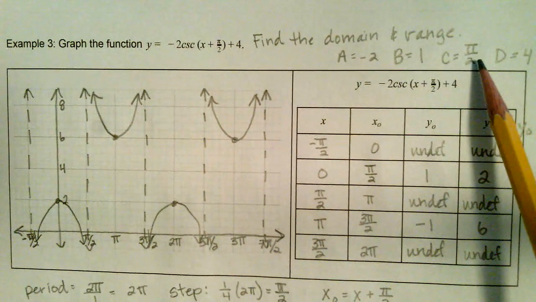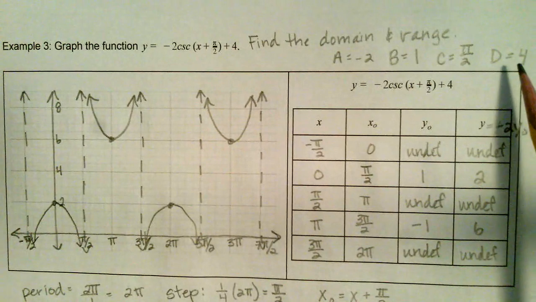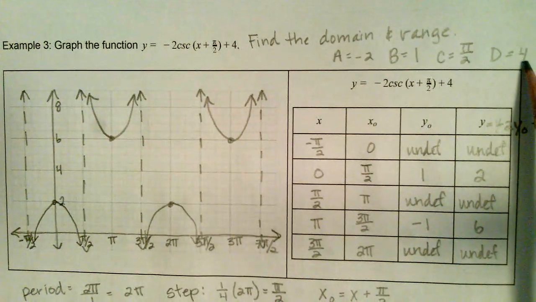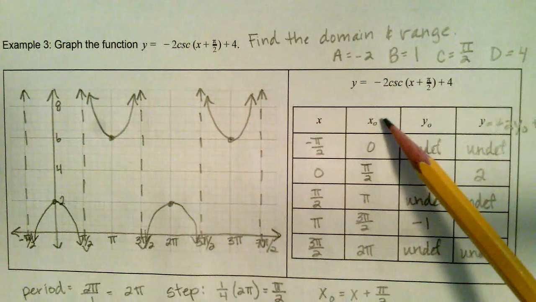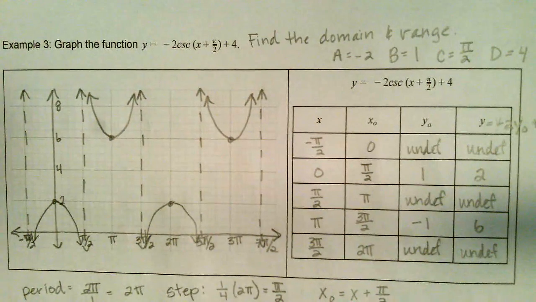I'm going to have a phase shift because C is pi over 2. And I'm going to move up vertically 4 units. Again, I start with my x-naught and y-naught from the tables that we determined yesterday.